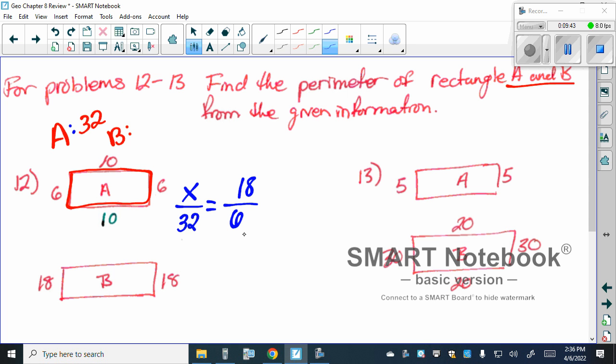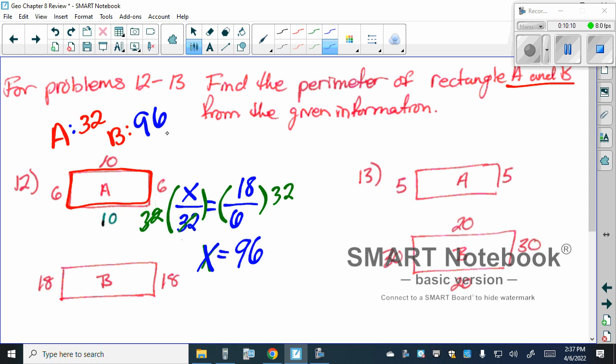Because since we did B's perimeter over A, we need side length B over A. Now at this point here, we can multiply both sides by 32. These will cancel. So the perimeter B is, and that's it. That's all we have to do for these here.